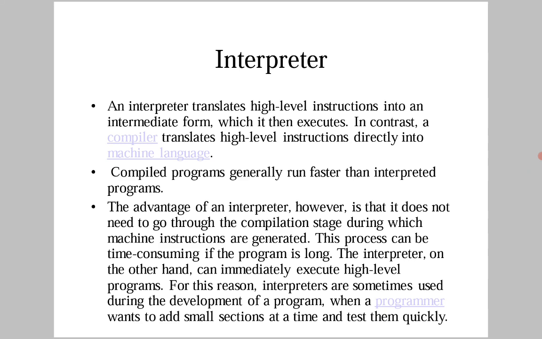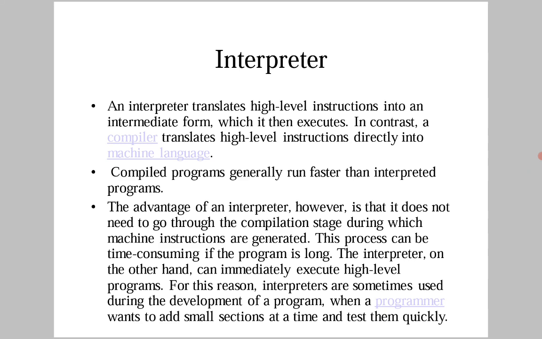A compiler takes the entire program at a time to translate it into equivalent object code, whereas an interpreter converts the program line by line into equivalent object code.